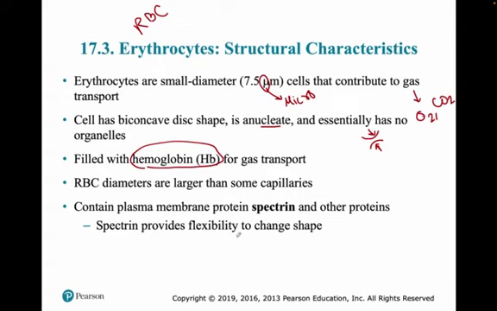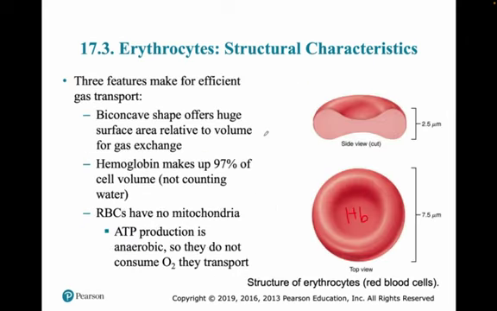And RBCs also have a protein called spectrin. There could be other proteins obviously, but there is one special plasma membrane protein of the RBC, which is called spectrin, which gives flexibility to its shape, helps the RBC to stay flexible in its shape, which is biconcave again. So this is how it looks.